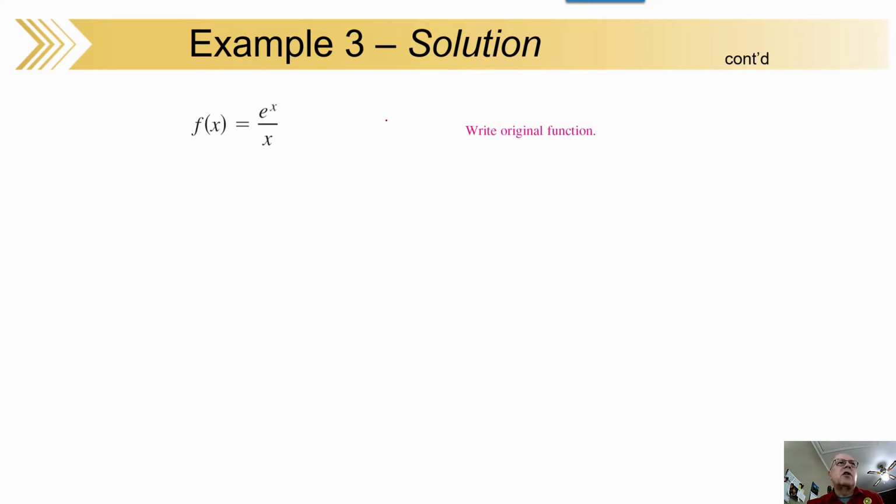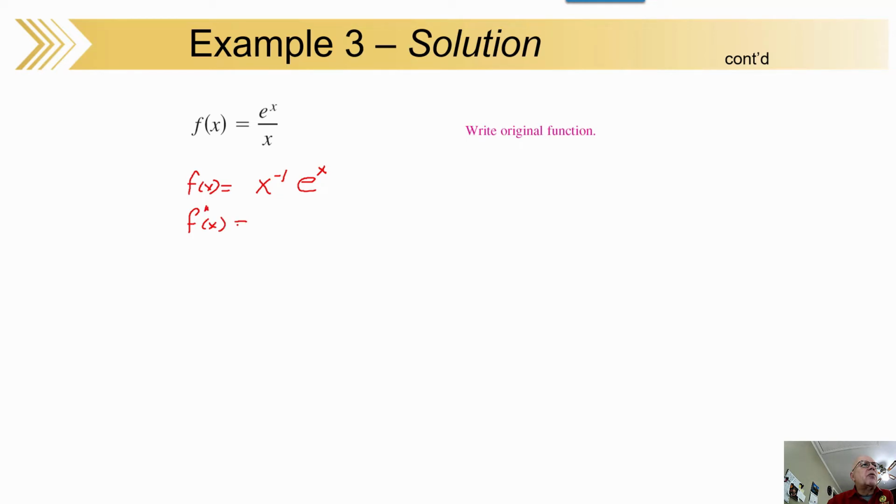Sorry. Next one. We've got a quotient. However, you might prefer the rewrite first. We'll make this x to the minus 1. We'll put that out front, perhaps. I guess it really doesn't matter. The derivative.